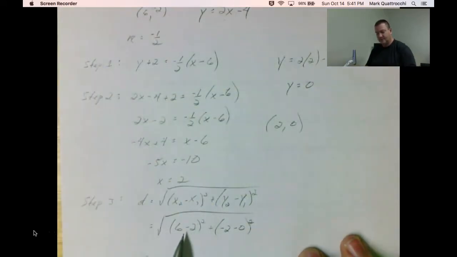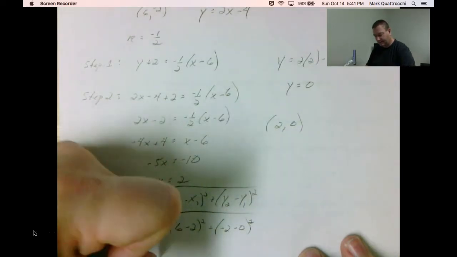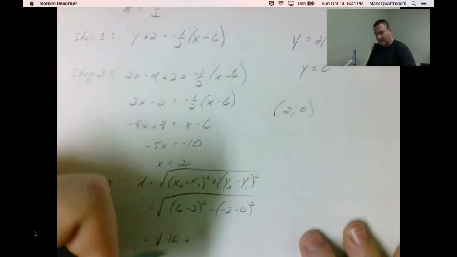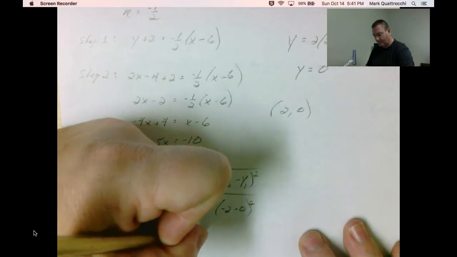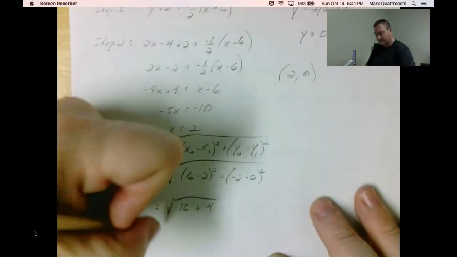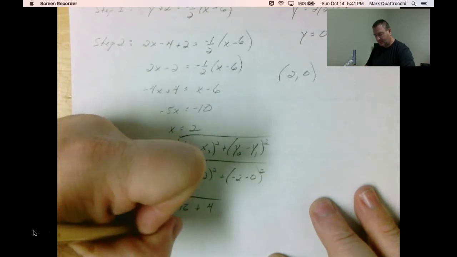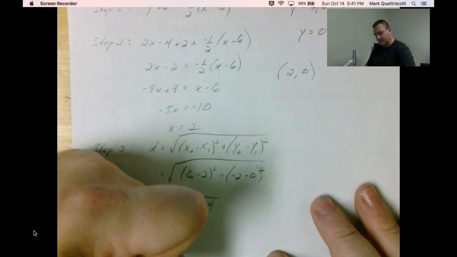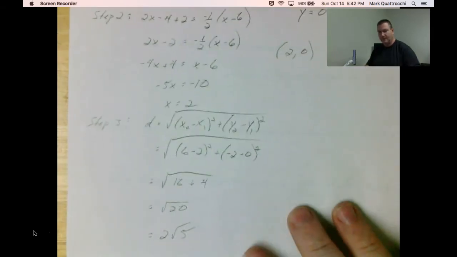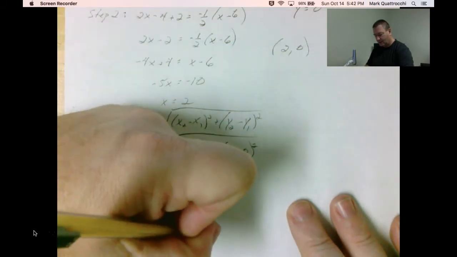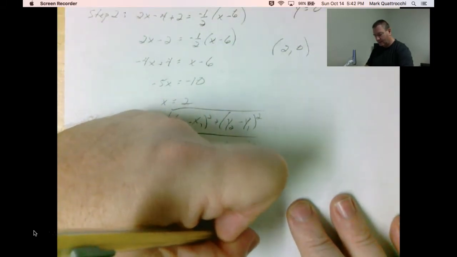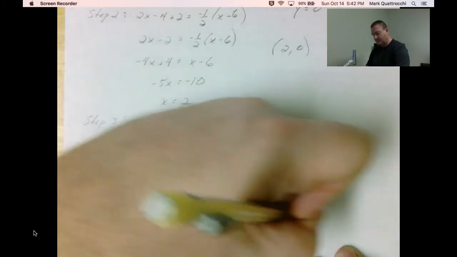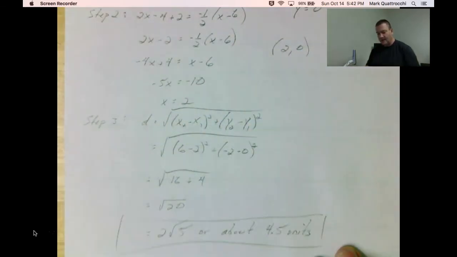This is 4 squared, or 16. Square root of 16 plus (-2) squared, or 4, which is the square root of 20, which in simplest radical form is 2 square root 5, which you should remember from last year, or about 4.5 units if you use a calculator to do the square root of 20. And there's our final answer.